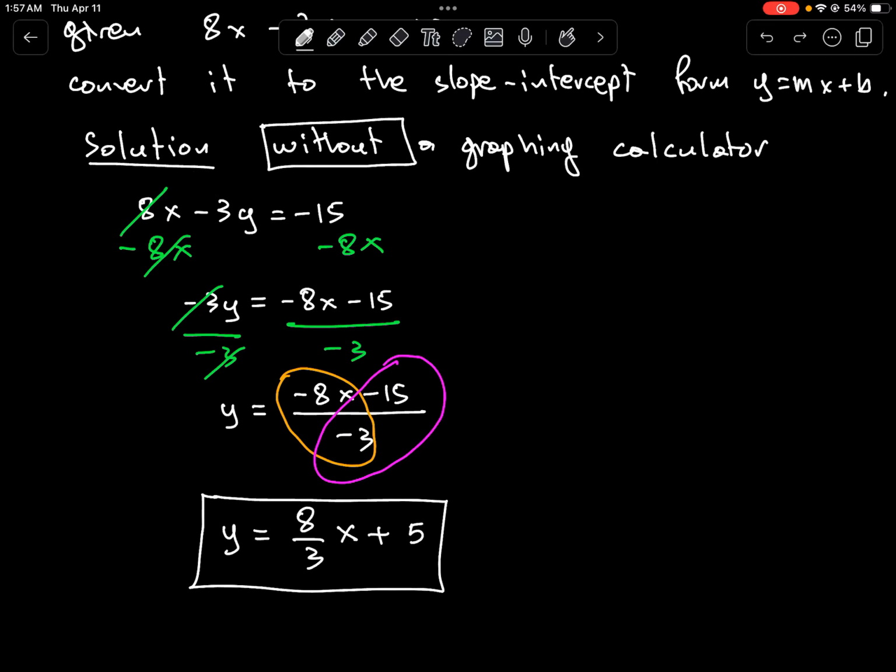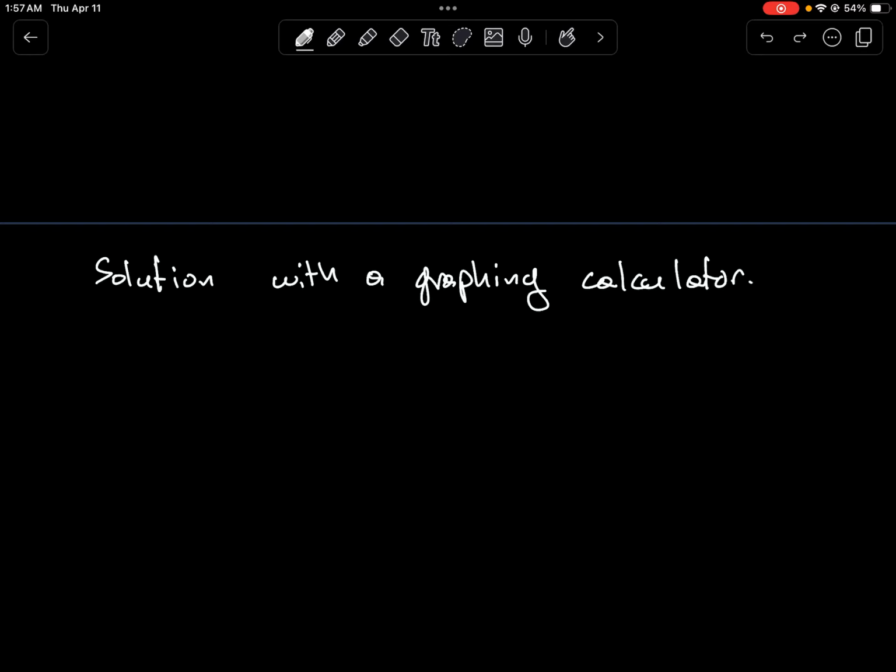Hopefully we got it right at this point, but double check your steps. A way to confirm it, though, would be to save a couple of algebraic steps, maybe 1 or 2, if we use a graphing calculator.